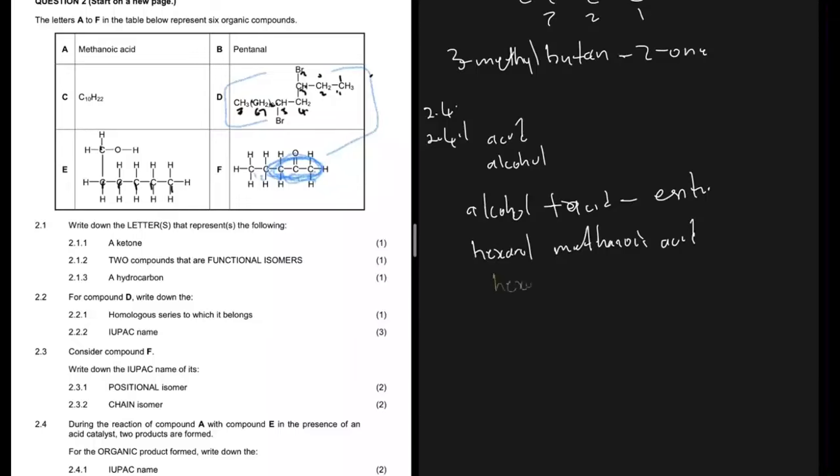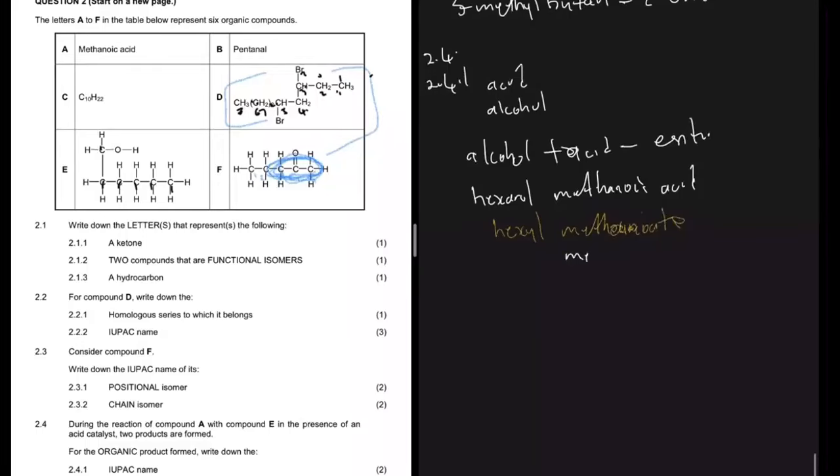You take the alcohol, hexanol, it will become hexyl when you start writing the name of the ester. And then this one says methanoic acid, it will become methanoate.